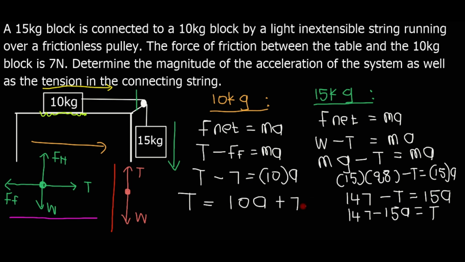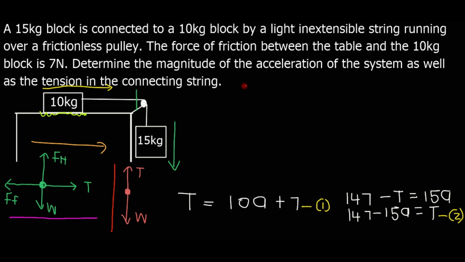And then now this is equation 1 and this is equation 2. So from there we can equate them, because these tensions are the same thing, it's this tension. So now let's equate. Equation 1 equals equation 2, so we have 10a plus 7 equals 147 minus 15a.